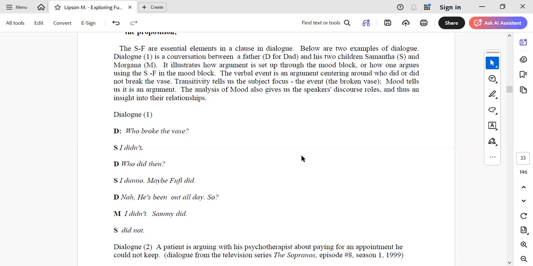Now, what is this trying to tell us here? Mood tells us it is an argument. How does mood tell us it's an argument? Because all the instances are in the same structure, or they are taking different forms?